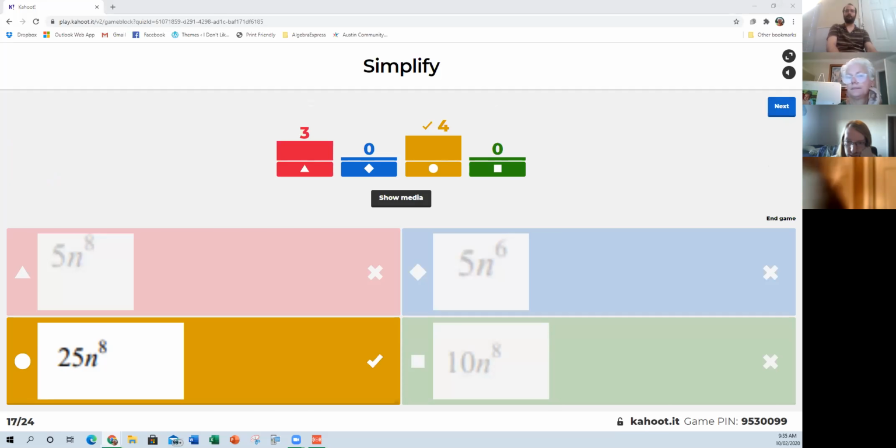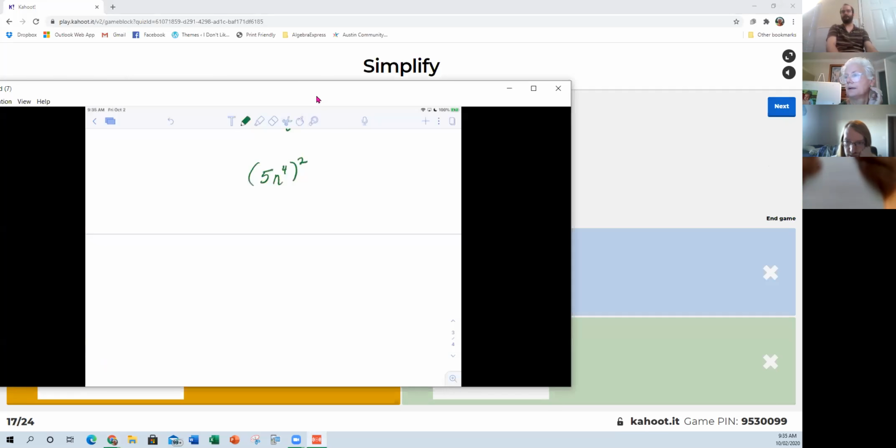Okay. So when you have a product and a power on the outside, power of a product, then you're going to take 5 to the 2nd power and then you're going to multiply those two bases.